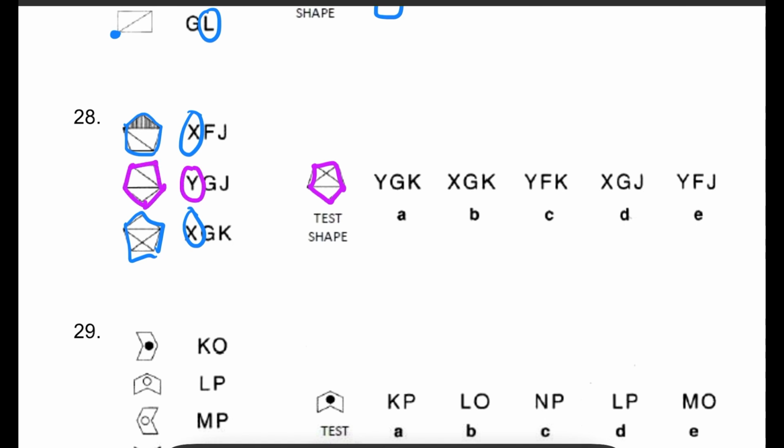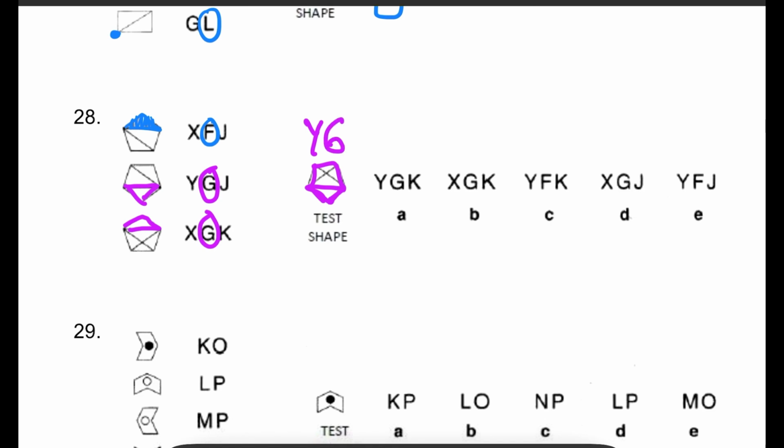So the first letter will be a Y. Second letter, these two both have a G as the second letter, and they both have this part as being white, whereas this has an F as the second letter and this has a striped top part. So this also has a white top part, so it will be a G as the second letter.